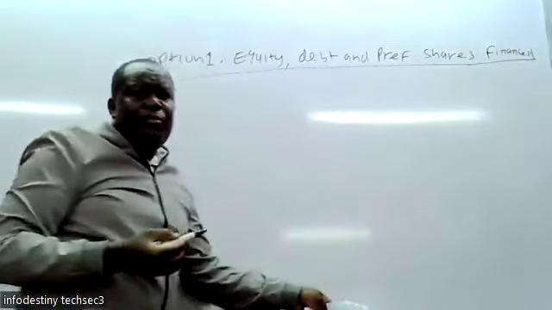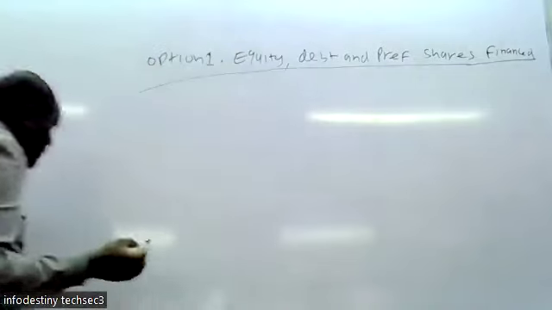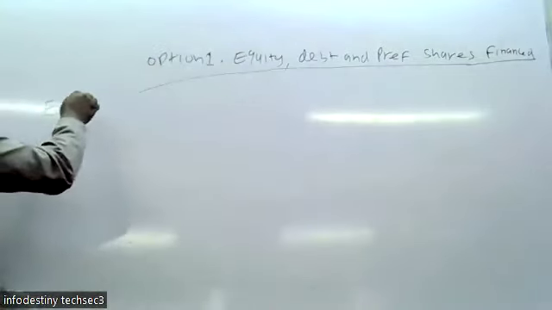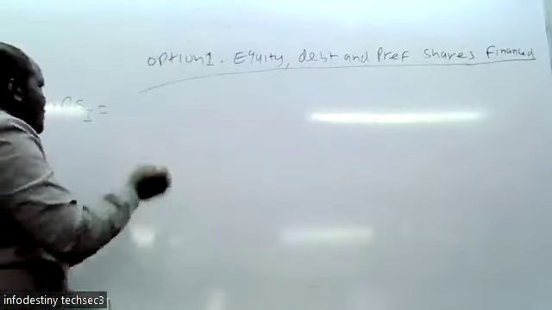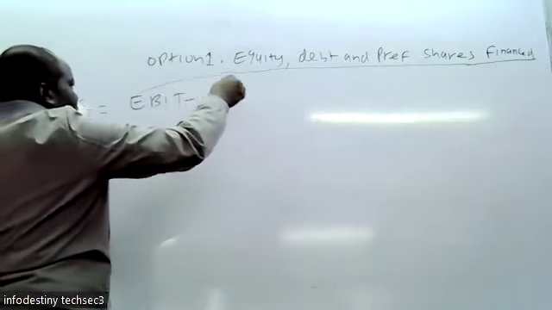So when it is equity, debt, and the preference shares financed, earning per share for option 1 will be earnings before interest and tax.